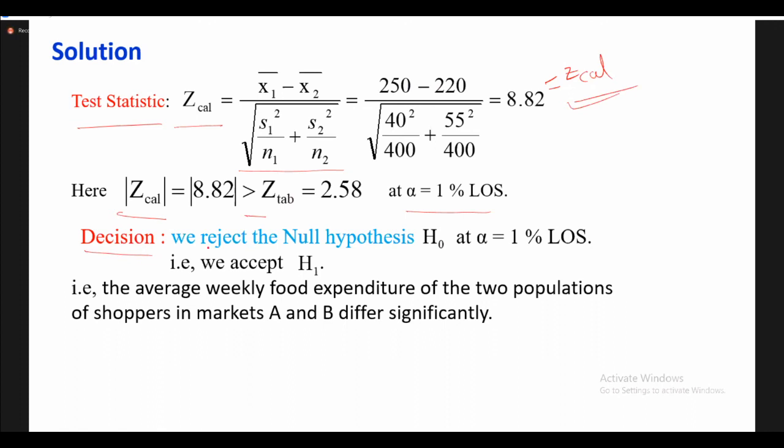We reject the null hypothesis H0 at 1% level of significance. That means we accept the alternative hypothesis H1. So this is about the difference of means.